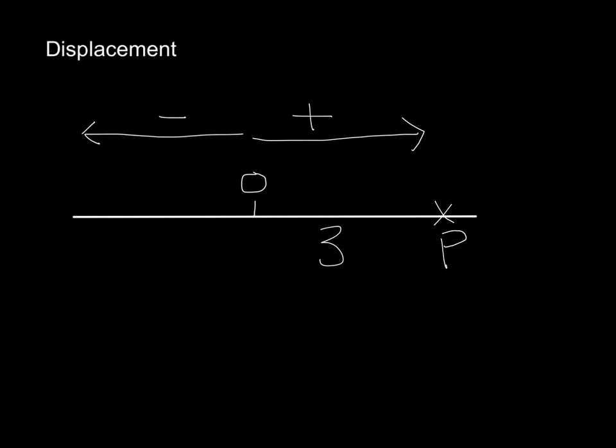Let's suppose we have a straight road, as in this diagram here, and let's suppose we say that the origin is here, point O, and the positive displacement is in this direction, and negative displacement is in this direction. Supposing I have a point P here, which is, say, 3 kilometres.